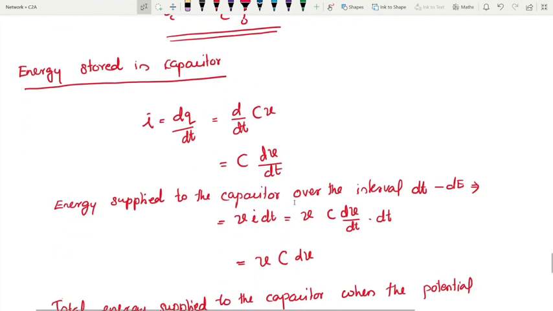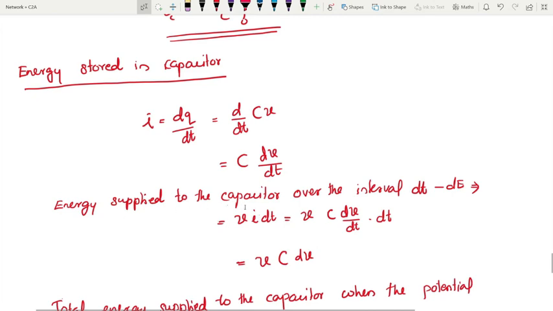Now let's see energy stored in the capacitor. We know I is equal to dq by dt, that is d by dt of CV, that is C into dV by dt. Energy supplied to the capacitor over the interval dt can be expressed as dE, which is equal to power into time, that is power is Vi, time is dt.